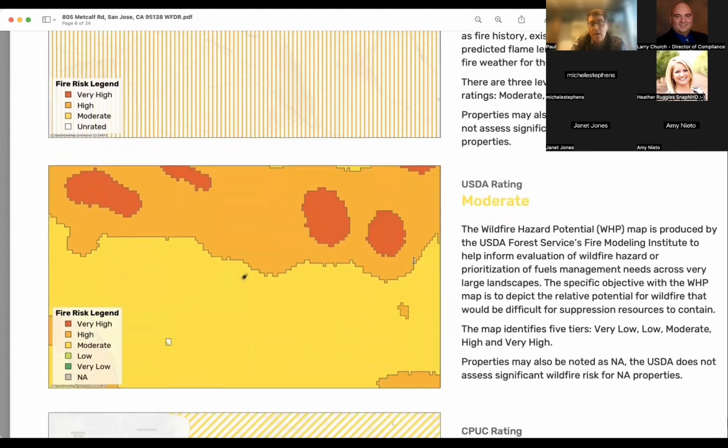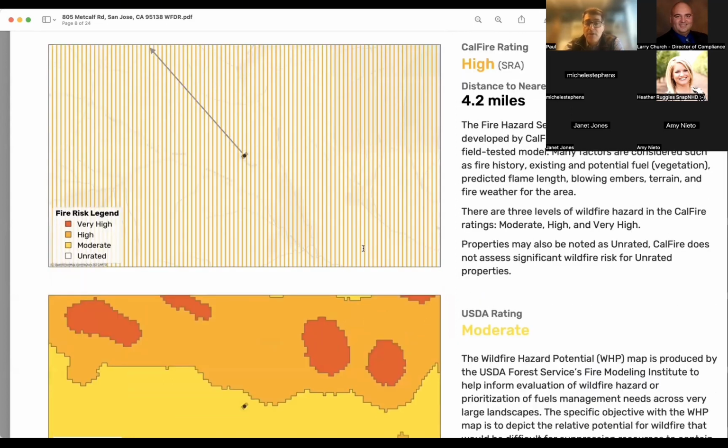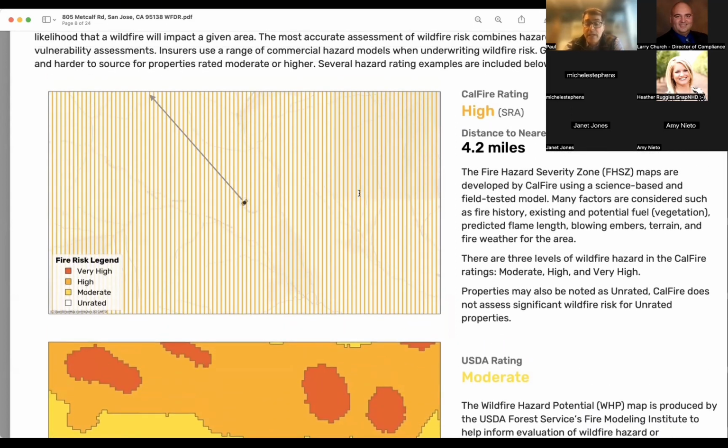The second hazard map that we show is the USDA rating. This is the Department of Agriculture. It's what the U.S. Forest Service uses. The underlying data is slightly different from what CAL FIRE uses, although they're usually pretty well correlated. The USDA is looking at fuel sources predominantly. And you can see here that the rating from the USDA is moderate, while the CAL FIRE rating is high.